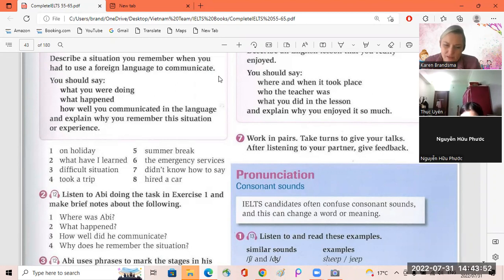Okay, can you give me a story where you didn't know how to say something? Sometimes when I talk to American people, they say something that I don't know and I didn't learn, so I said that I didn't know those words. Okay, very good. I didn't know how to say it back.